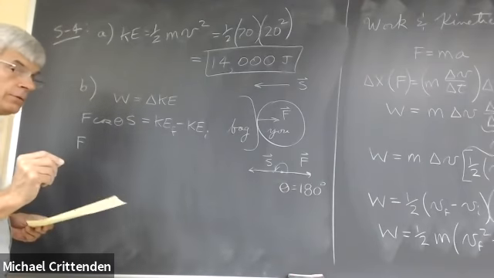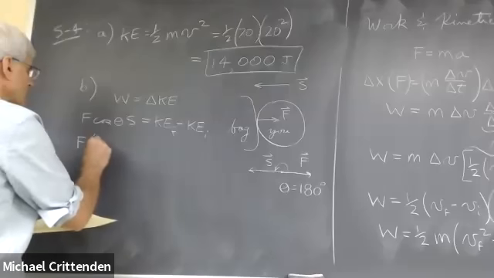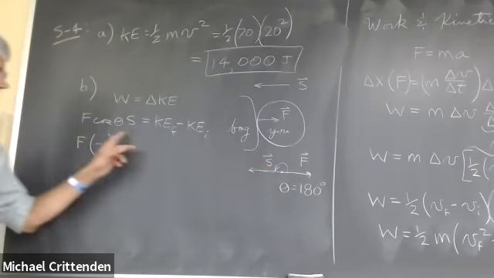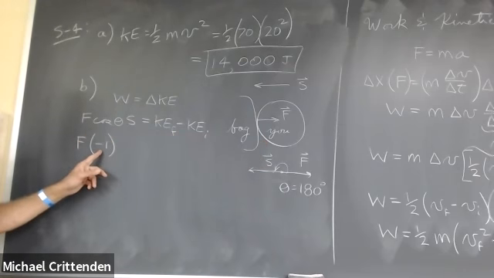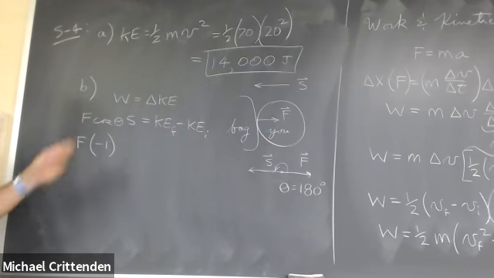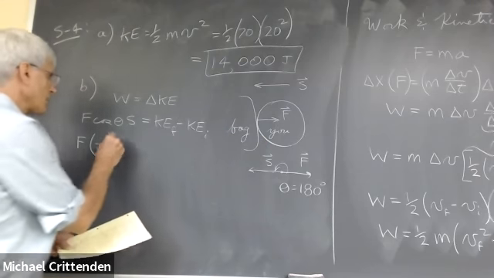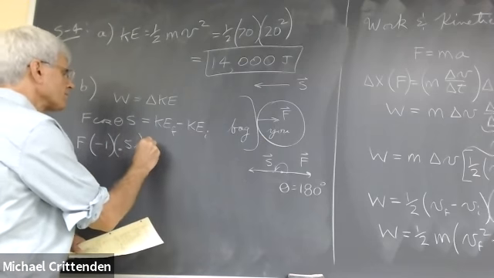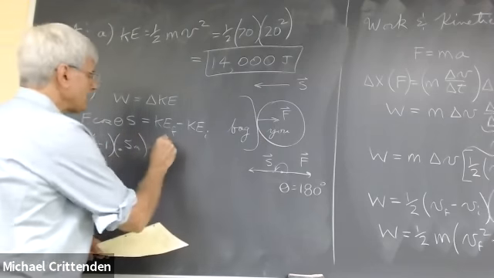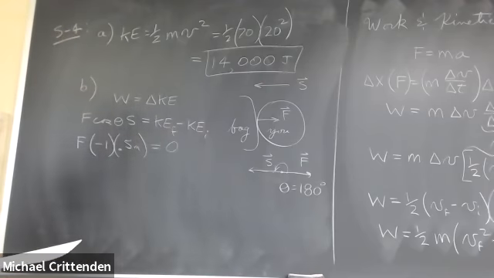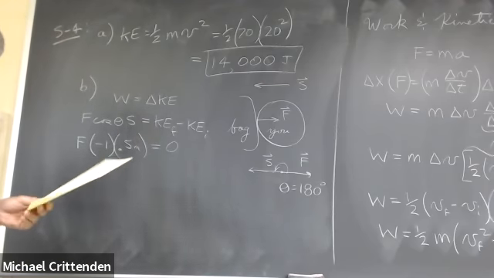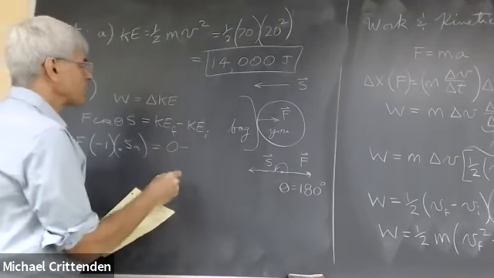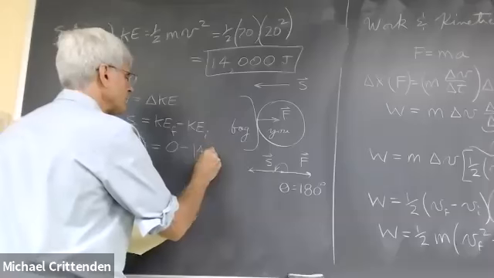Force is the unknown that I want. As I explained over here, the cosine factor is equal to -1, cosine of 180 degrees. Distance is 1/2 meter. The final kinetic energy is 0 because in the end you stop. And the initial kinetic energy, that was the answer to part A, 14,000.